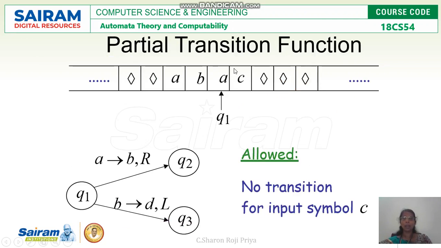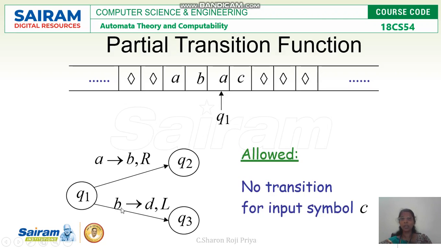And here, the partial transition function. Look at this input string A, B, A, C. Here there is no transition for the input symbol C. Q1, when it takes A, replaces A with B, transitions to Q2, and the direction of the read-write head is right.